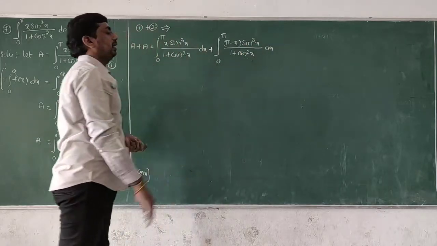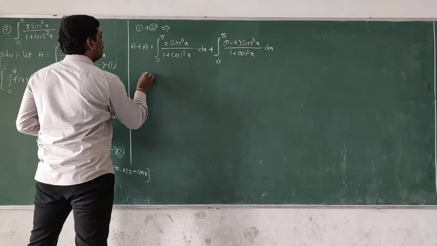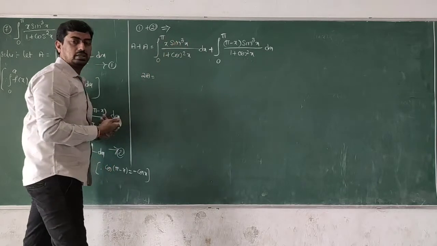Okay. Now we need to add these two terms. A plus A equal to 2A. Limits are equal now. That's why add.